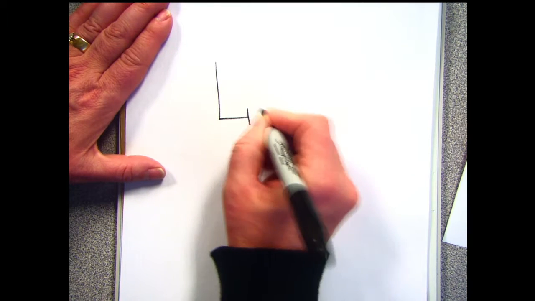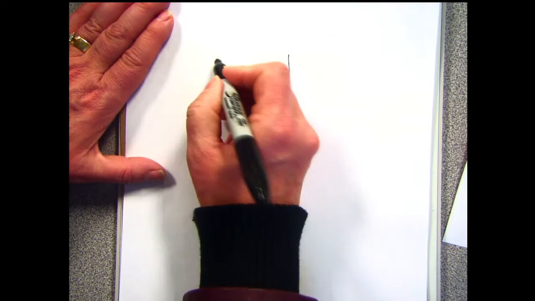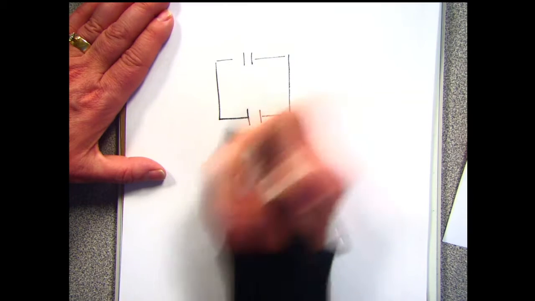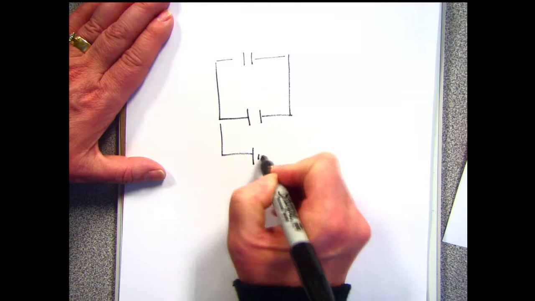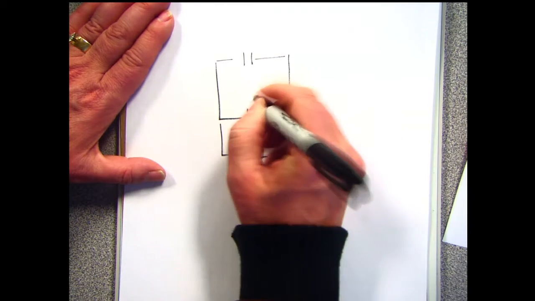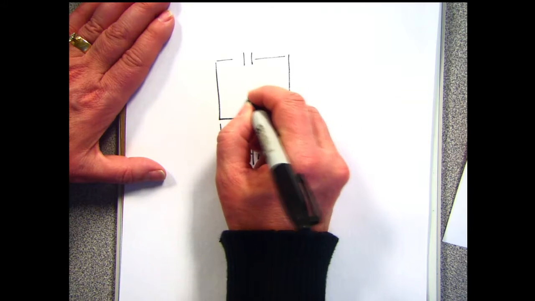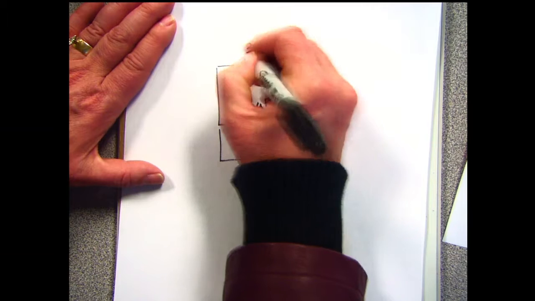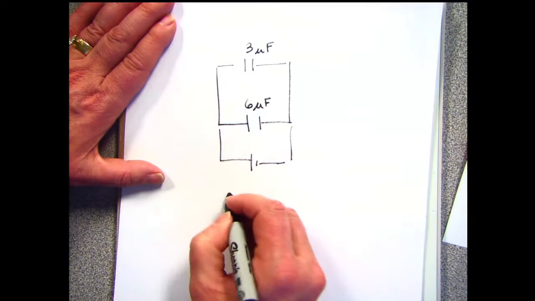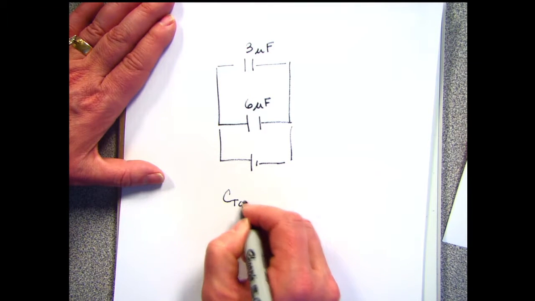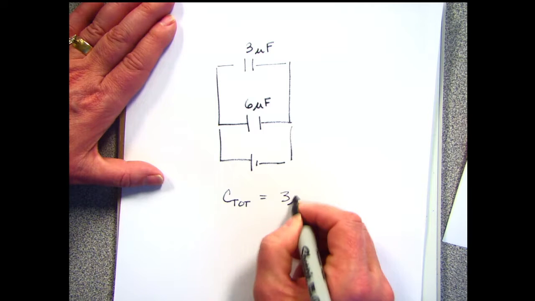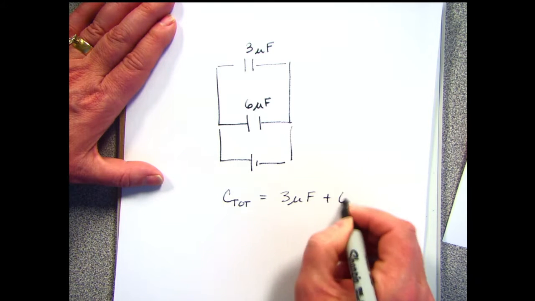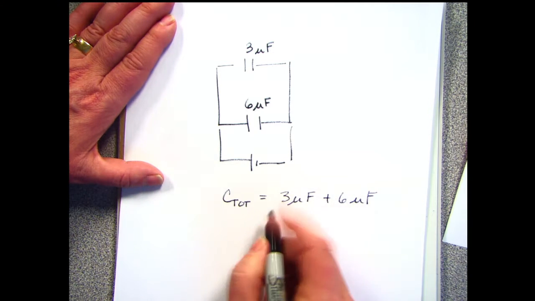Let's say that this has a capacitance of 6 microfarads. This has a capacitance of 3 microfarads. The equivalent capacitance of the system is going to be 3 microfarads plus 6 microfarads, which gives me 9 microfarads. And that's just because my system is in parallel.